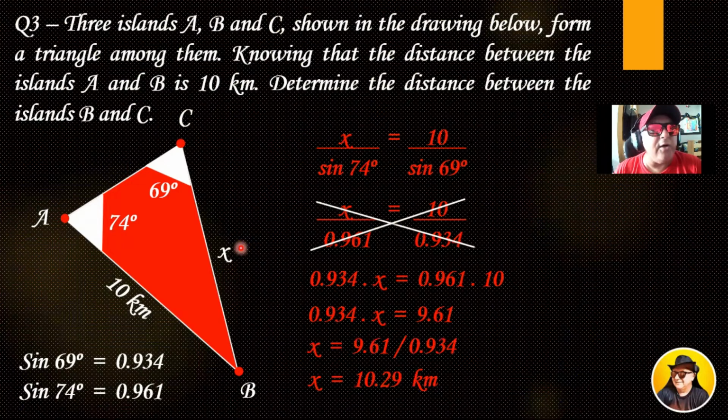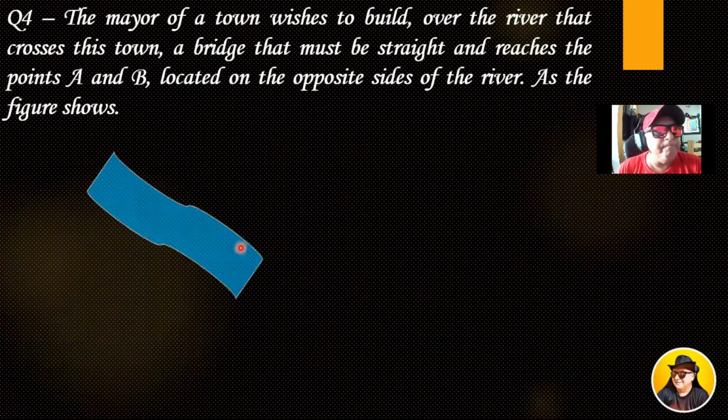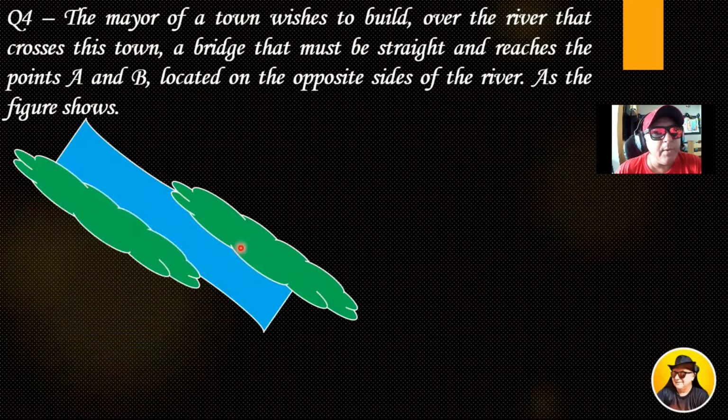Question 3 is done. Let's see question number 4. The mayor of a town wishes to build over the river that crosses this town a bridge that must be straight and reaches the points A and B, located on the opposite sides of the river, as the figure shows. This is probably the river.